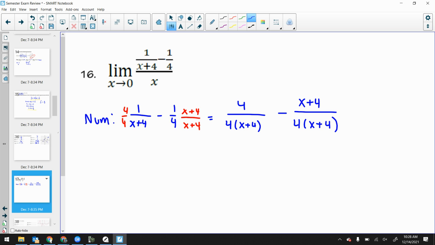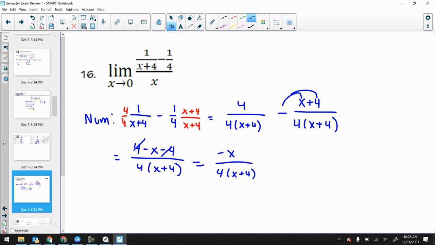All right, so my common denominators stay. So that's equivalent to 4 minus, now be careful here, I've got to distribute that negative, x minus 4 over 4 quantity x plus 4. Canceling out my 4s, I get negative x over 4 quantity x plus 4. Now that is my numerator, so that's equivalent to negative x over 4 quantity x plus 4 all over x.